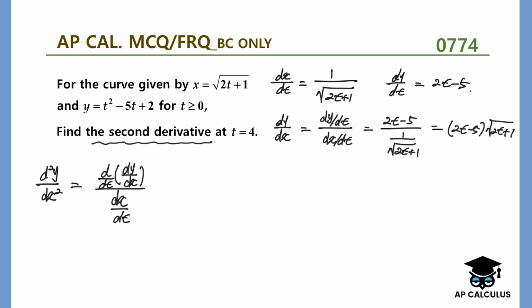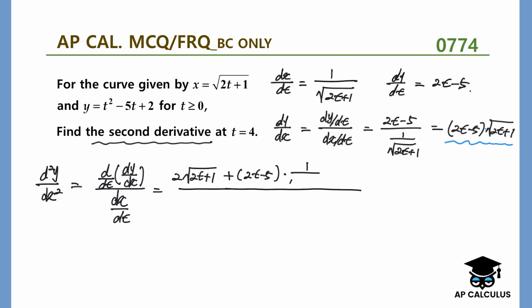We're gonna have to apply the product rule, right? So the derivative of 2t minus 5 is 2, and we have square root of 2t plus 1, plus we have 2t minus 5 times the derivative of square root of 2t plus 1, that's 1 over square root of 2t plus 1, right?